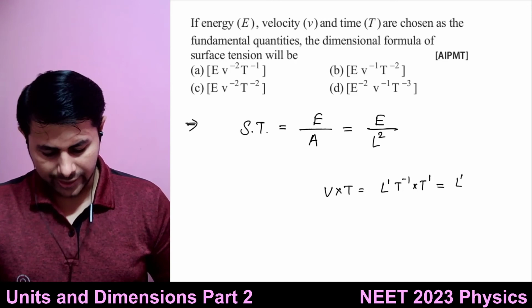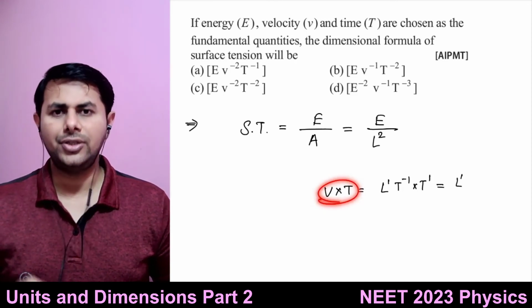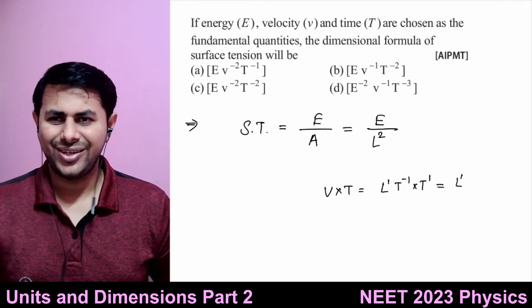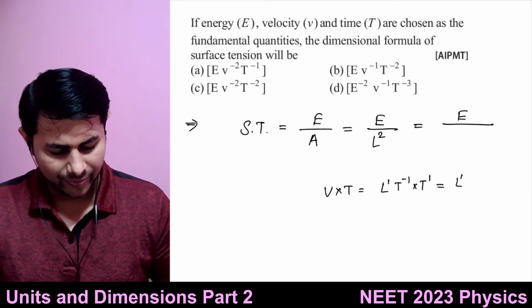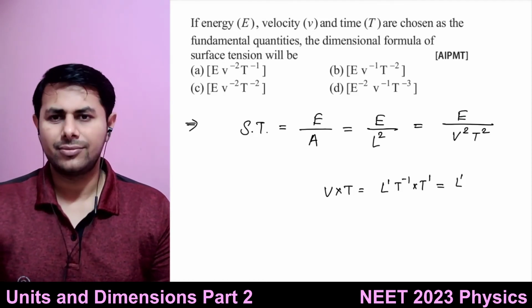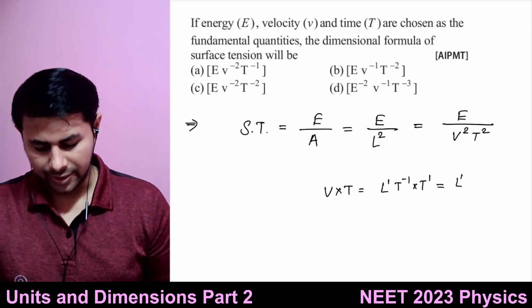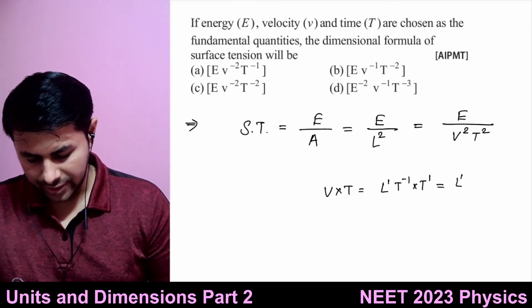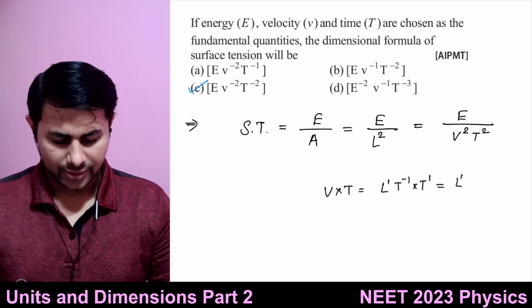And I want L raised to 2, that means I should take its square. So the problem is solved: E divided by V square T square. Which is the option? Option C is the answer. Simple.